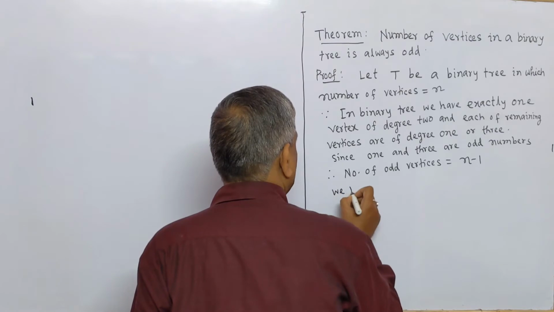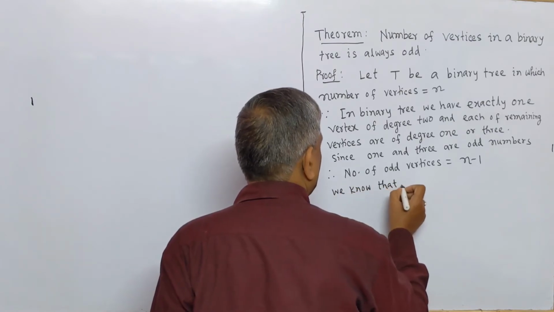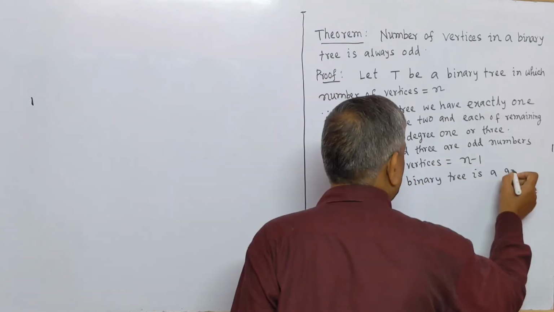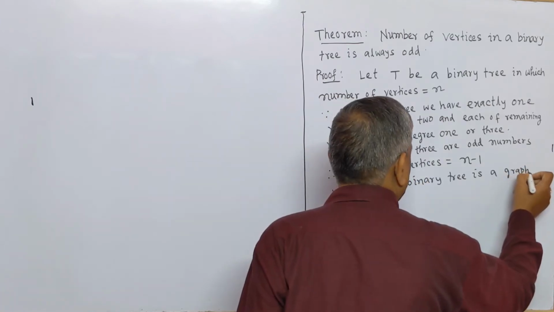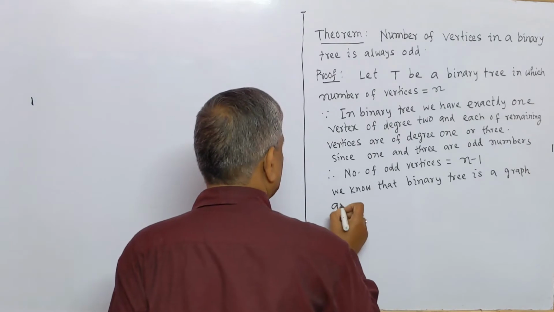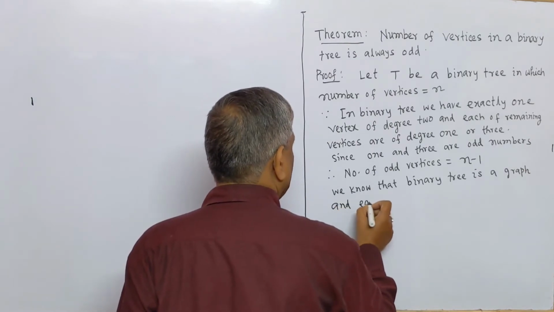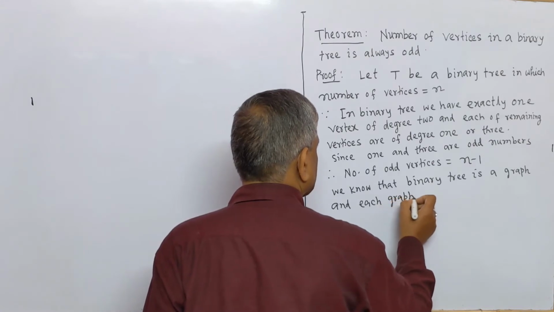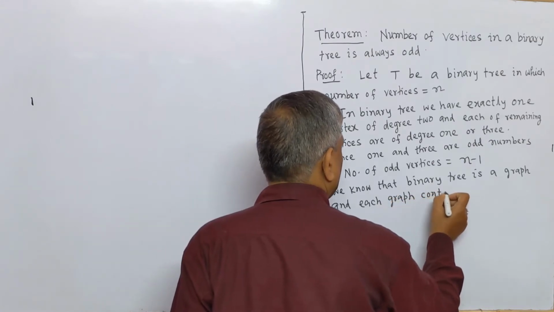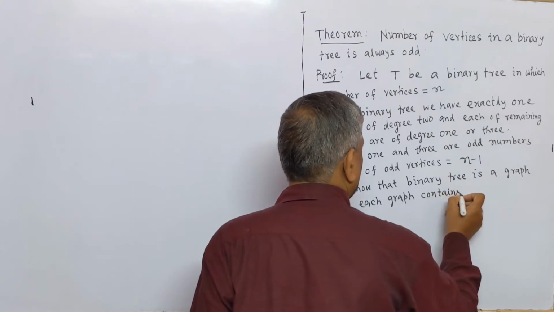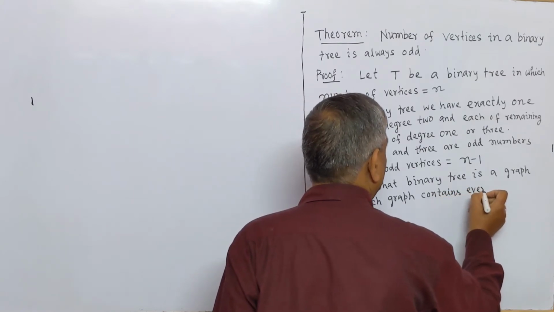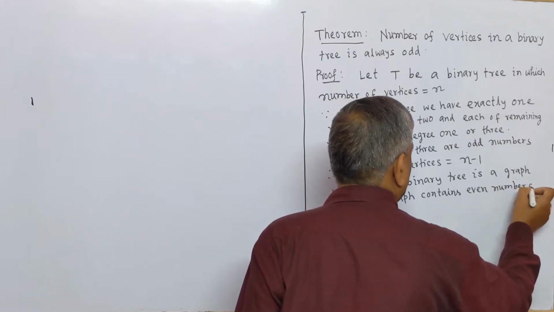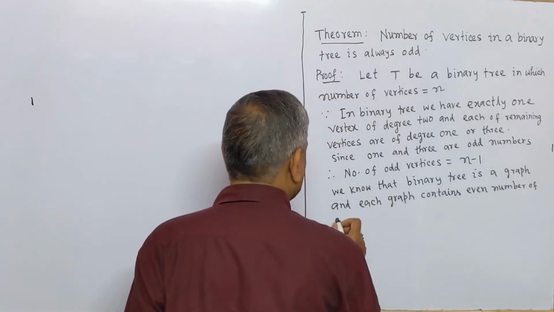We know that a binary tree is a graph, and each graph contains an even number of odd vertices.